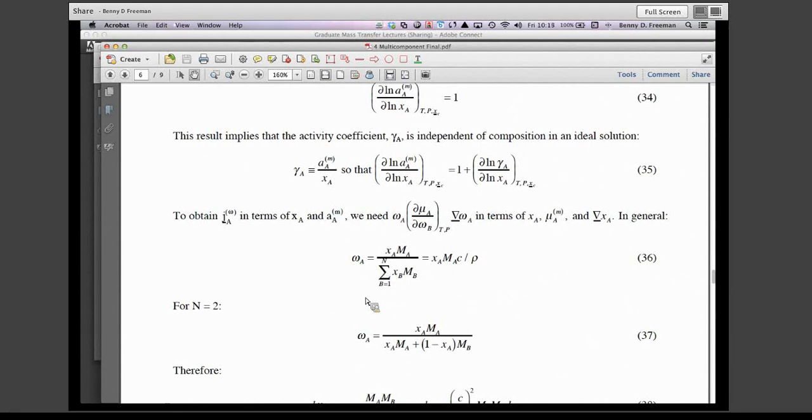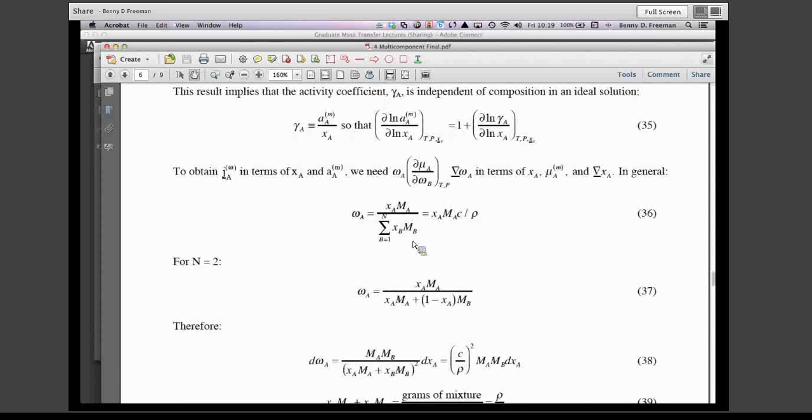If you simplify this expression, the term on the bottom can be written as the molar concentration divided by the density in the solution. So this is the total moles in the system divided by the total number of grams or the total mass of the system. And if you work out this summation, you'll see that connection.